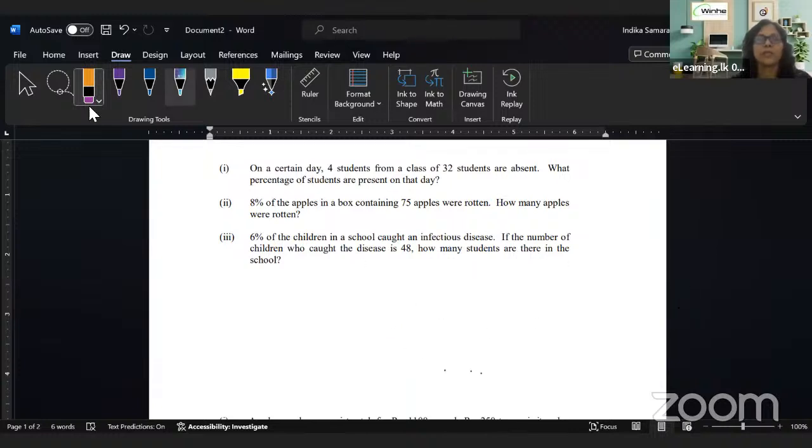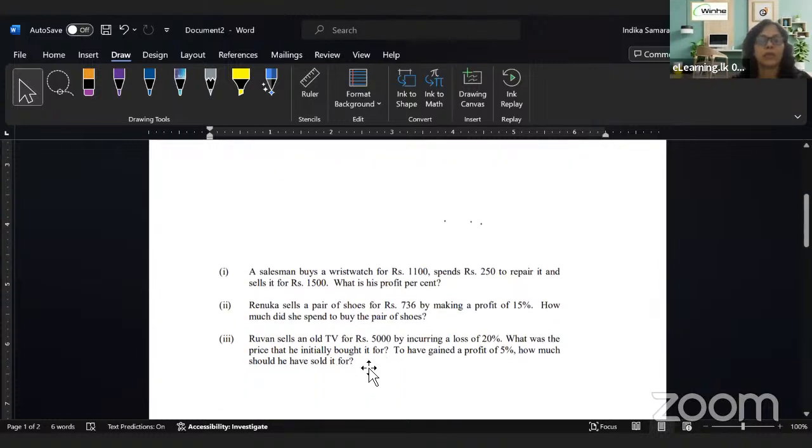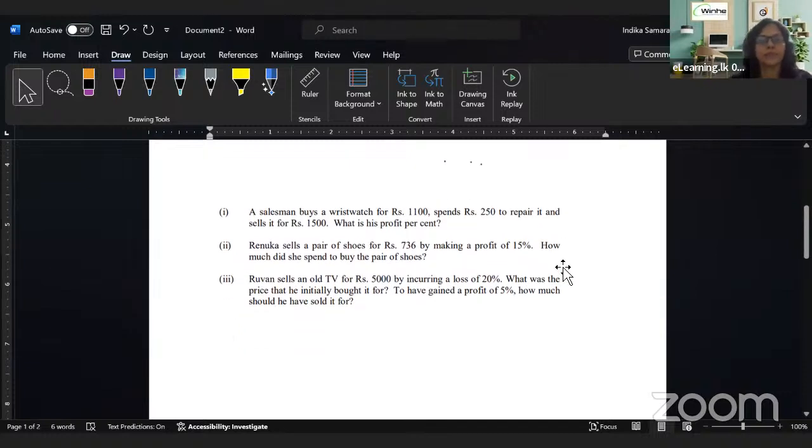We move into next one. Right. So here just like profit and loss. So a salesman buys a wristwatch for 1,100, spend 250 to repair it and sell it for 1,500.